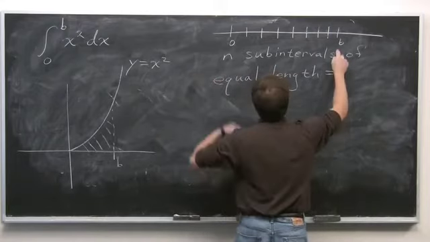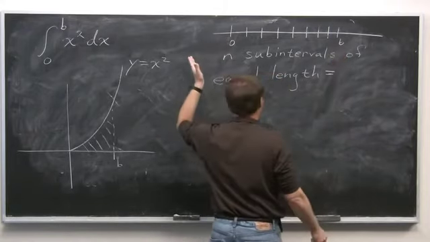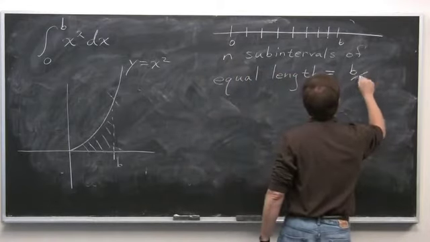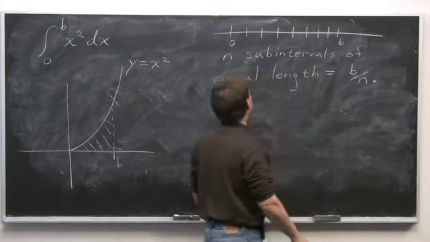What would that equal length be? Well, the whole length is b minus 0, so b. And you want n subintervals, so they'd all have length b divided by n.